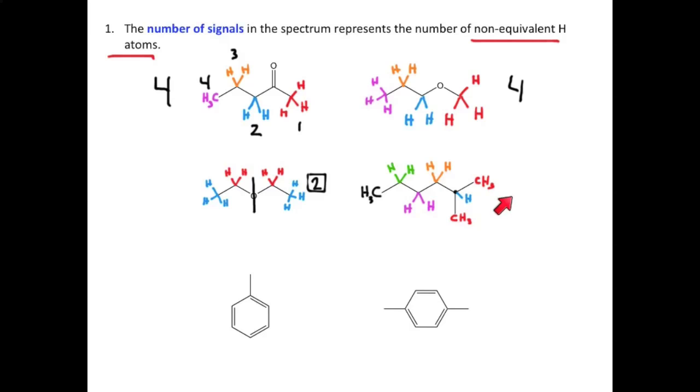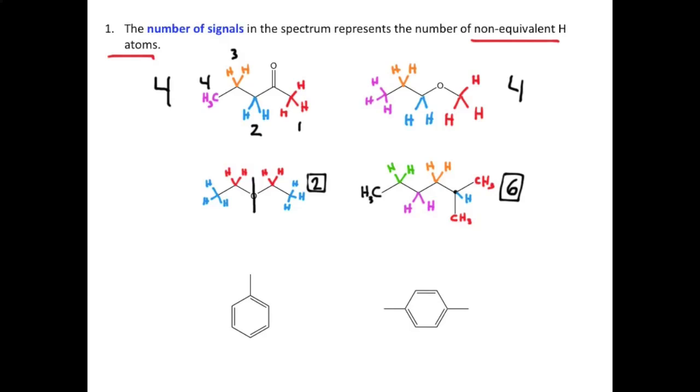So if we look at this molecule, we have red, blue, orange, purple, green, and black. 1, 2, 3, 4, 5, 6. So this molecule will have 6 signals in its spectrum. Again, the reds are equivalent because the hydrogens are attached to a carbon which is connected to the same carbon. Blue H, orange, purple, green, and black. That gives us a total of 6 signals. So symmetry is very important when determining the number of non-equivalent hydrogens.